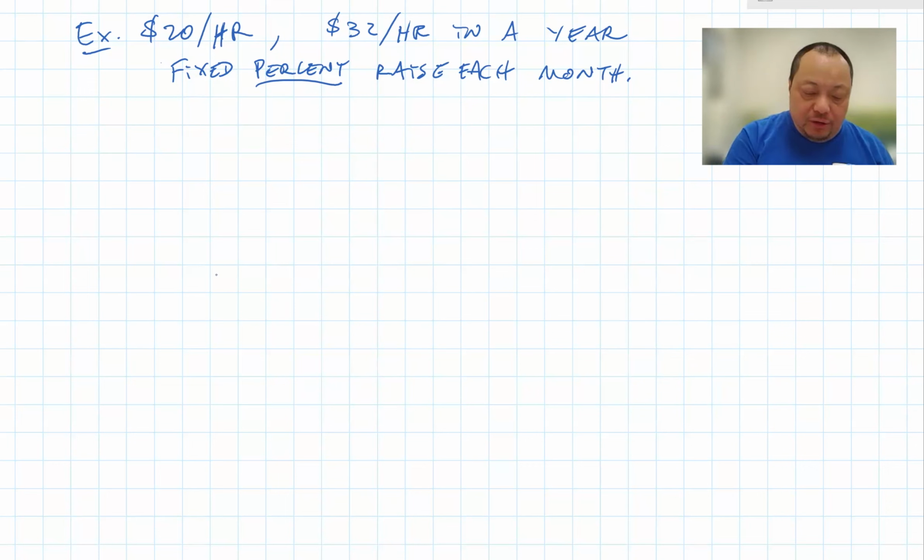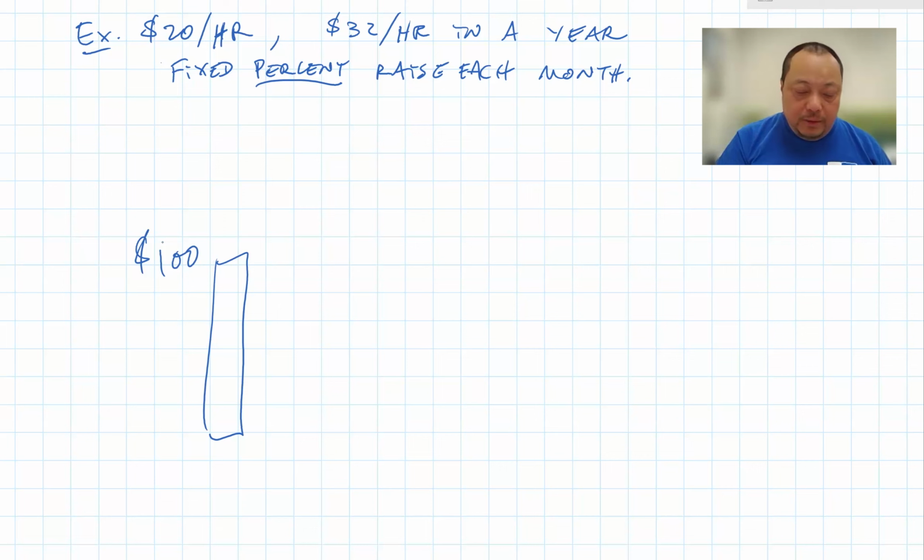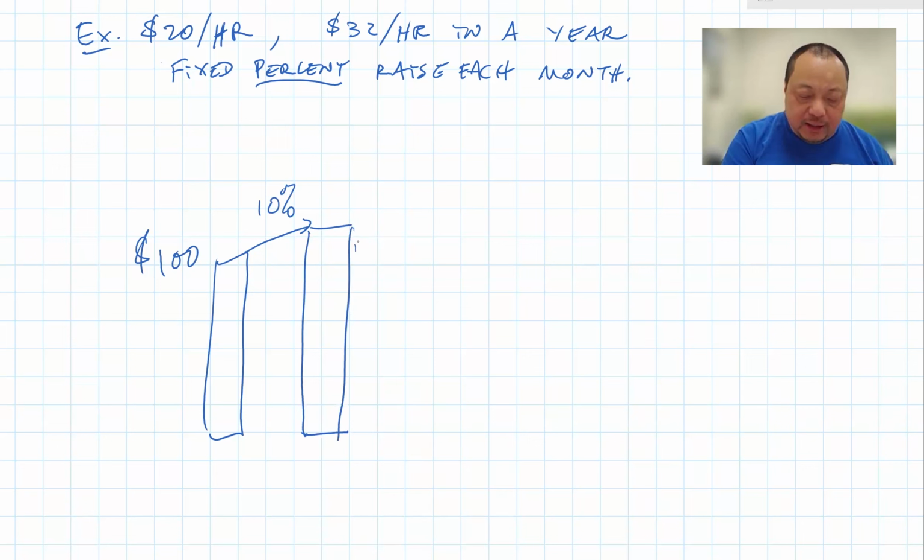Well, imagine this. If I start out with, let's say, $100 and I go up by 10%, then that means the following month I have 110. And that is a raise of $10. Pretty straightforward, right? But now, if I go up by 10% again, 10% of 110 is $11.